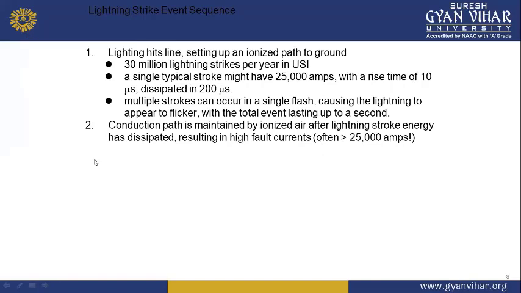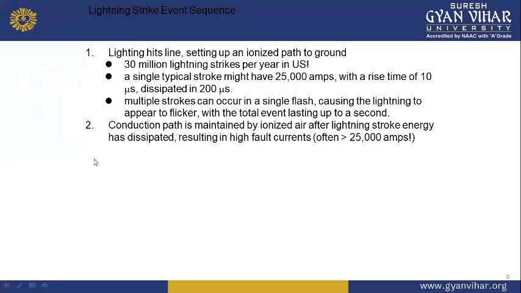Now, the lightning strike event sequence: how does it create the fault? When lightning hits the line, it sets up an ionized path to the ground.